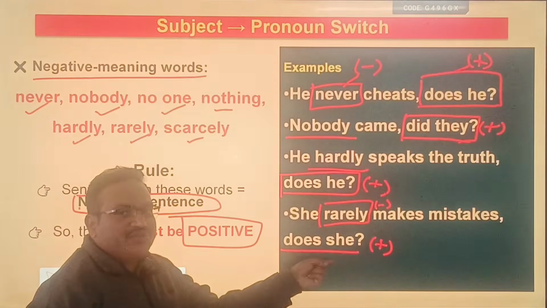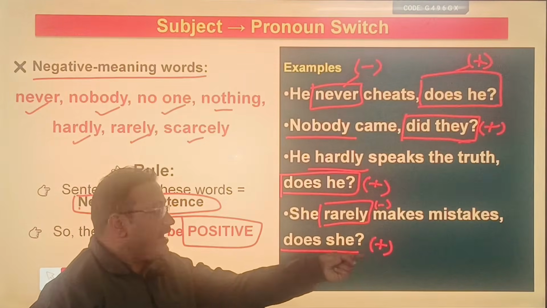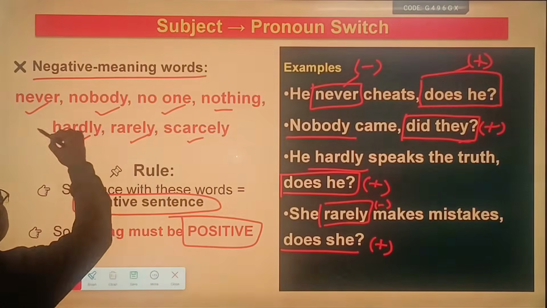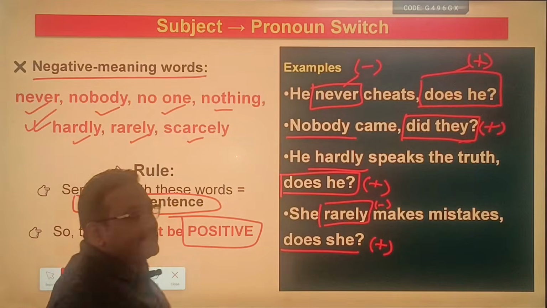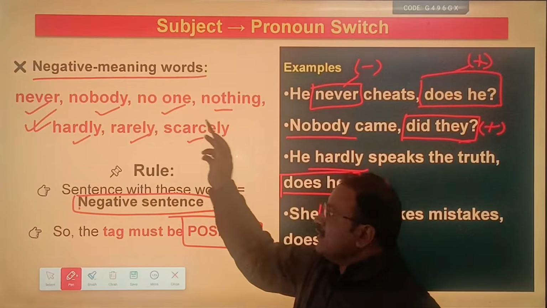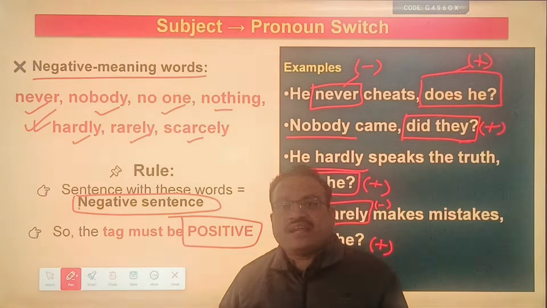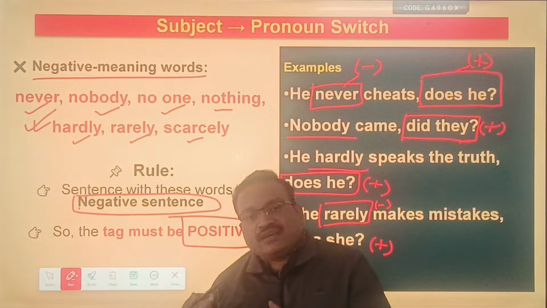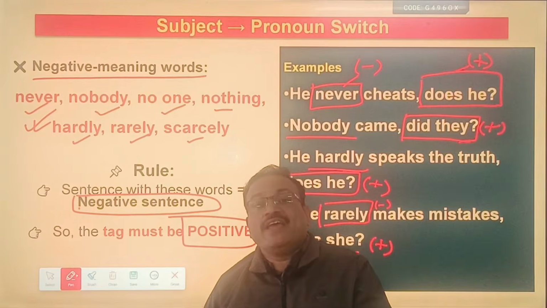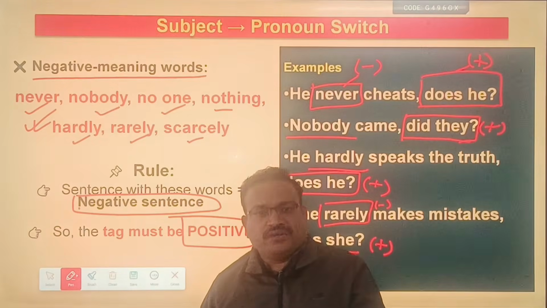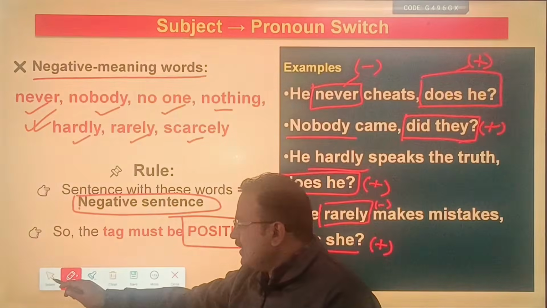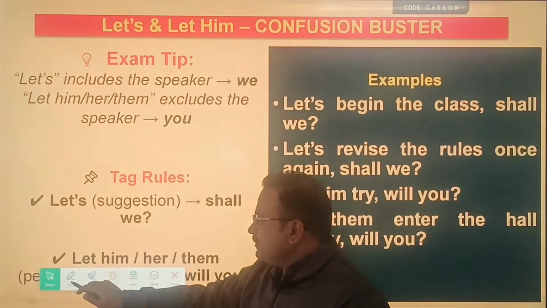So does she? Positive. Why not negative? Because rarely is negative. When these words are used in sentences, those sentences are treated as negative, so their question tags will be positive according to the polarity rule. This is again a very, very important one. Let us see the next one.